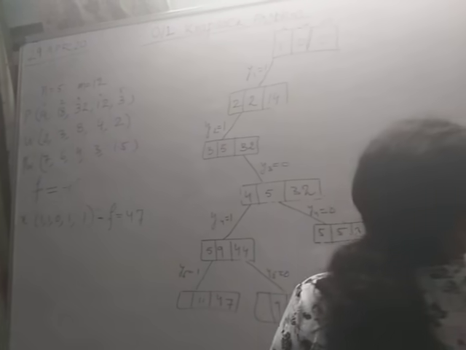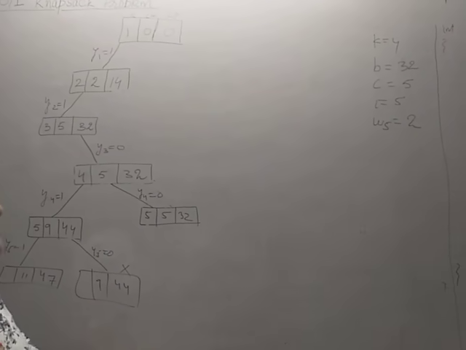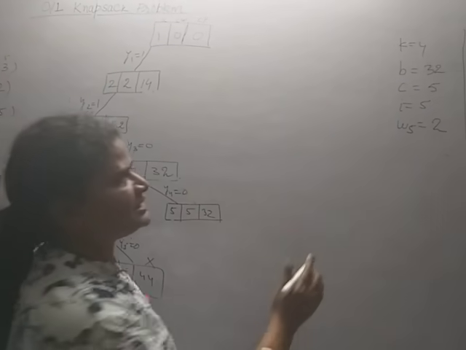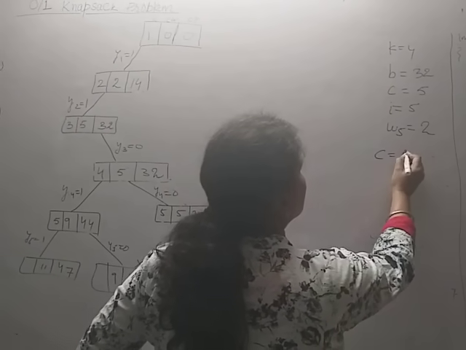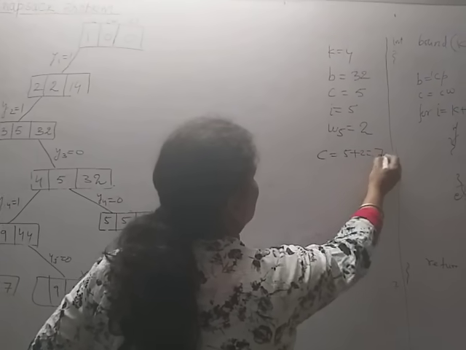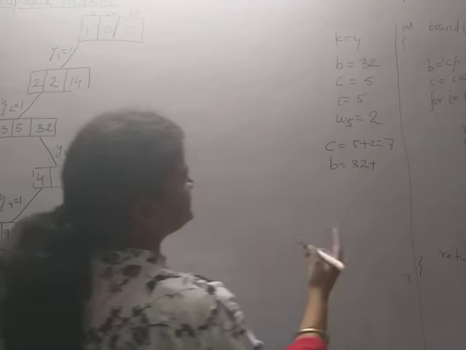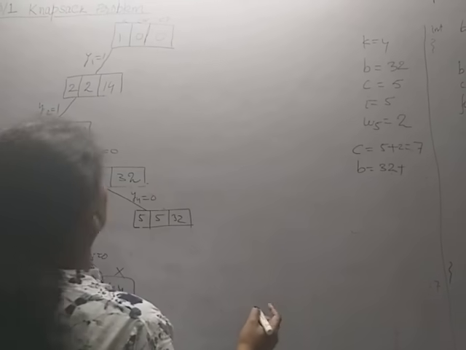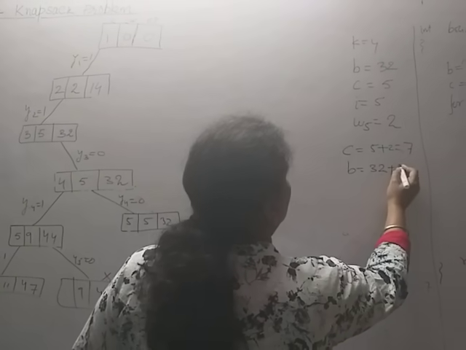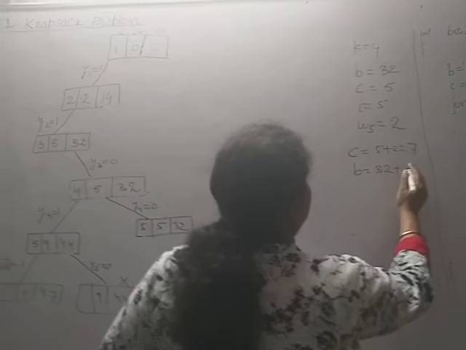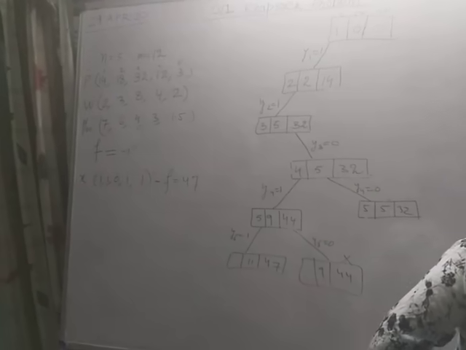So 5 plus 2 is 7. This is feasible. So now the current value of c is 7, and b equal to 32 plus the profit of the fifth, which is 3, that is 35.